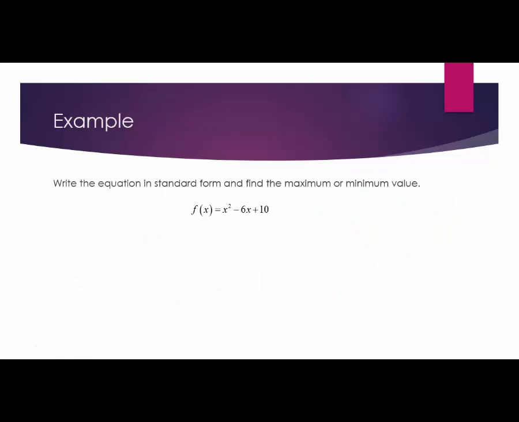Let's go ahead and calculate the vertex by finding negative b over 2a. That's the opposite of negative 6, so positive 6, over 2 times a is 1. This is going to be 3. So I know that the value of h, or the x-coordinate of my vertex, is 3. To find the y value of my vertex, I can take f of negative b over 2a.